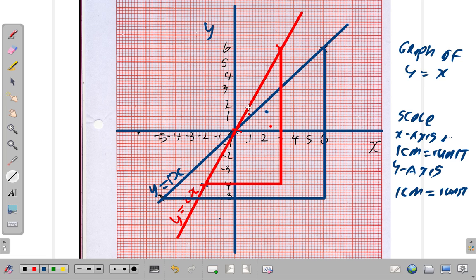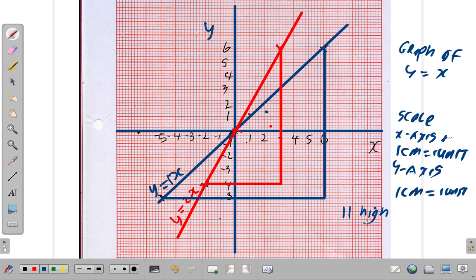Now, this triangle is how high? 1, 2, 3, 4, 5, 6, 7, 8, 9, 10, 11 high. So the triangle that I formed on y equals x goes 11 up.